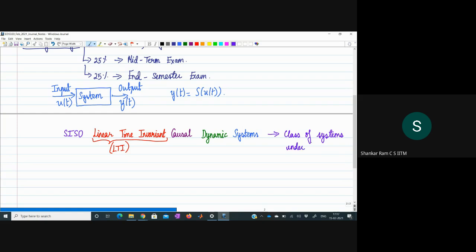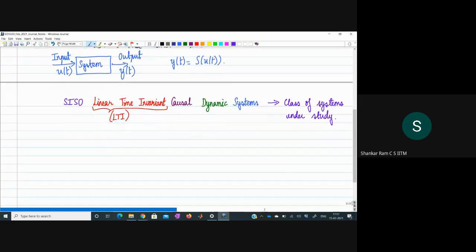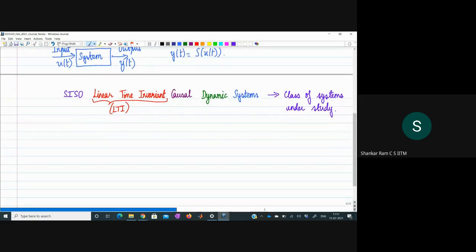Predominantly we will be looking at this class. Of course, as you recall, we have a lot of approximations or assumptions in this regard. However, this class of systems is pretty useful. Although an approximation, it is a useful approximation as far as practical applications are concerned.